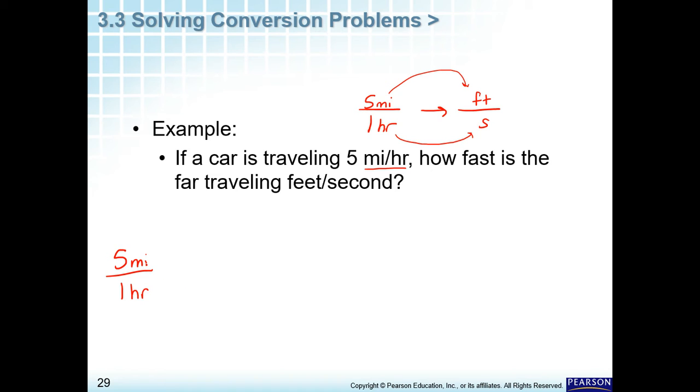And in order to cancel out miles, I need to put it opposite of where it's at. So miles needs to go on the bottom, and we want to get to feet. And so you have to ask yourself, do I know a conversion or a relationship between miles and feet?